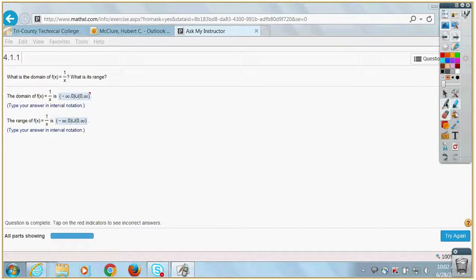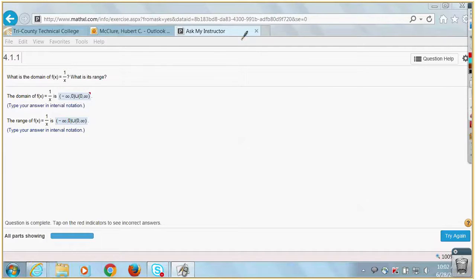Whenever you have one of these functions, set the denominator equal to 0. So the denominator is x, x is equal to 0. If you plug in 0 into the denominator, you're going to get an undefined function.